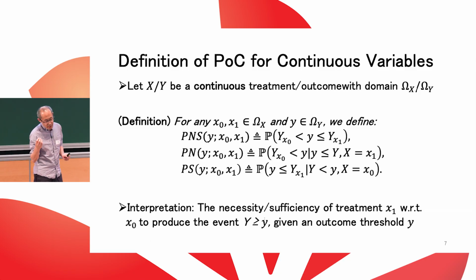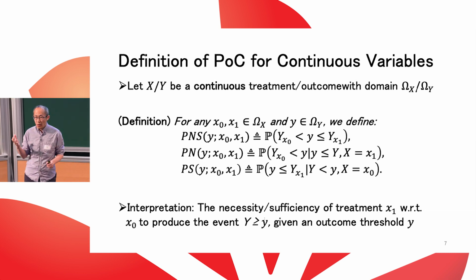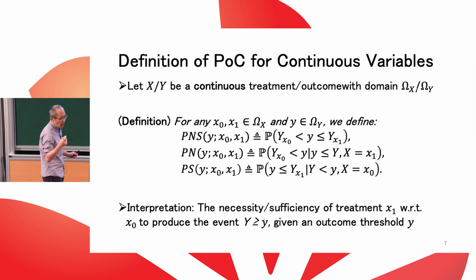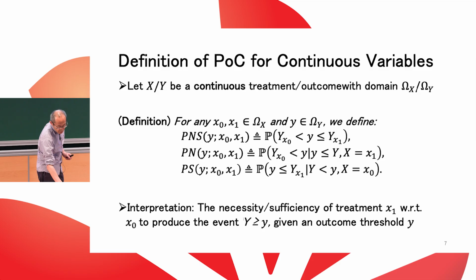One way to think of this is that you can binarize your outcome variable y. So now we consider the event y larger than y, given these two treatments. This is our new definition.